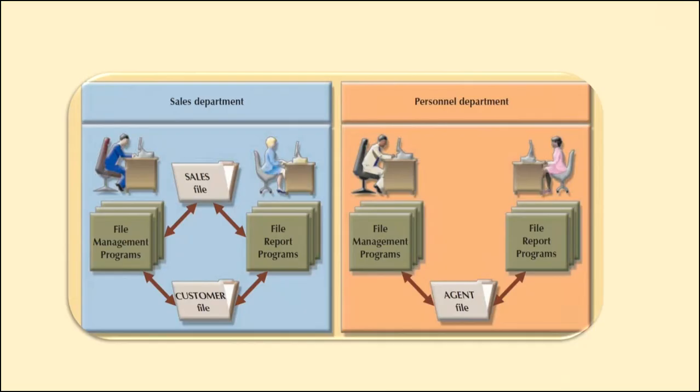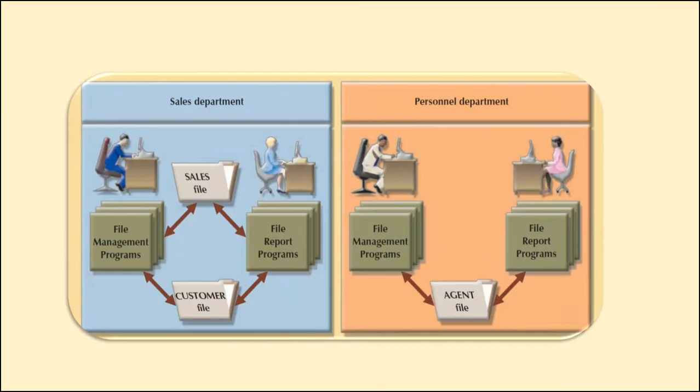What have we seen till now? Can you tell me what are the different drawbacks that we have seen? Program and data dependence. When the structure of the file changes, you need to change the logic of the program. Duplication of the data. Since there is no relationship between one file and another file, the same data is required at different places most of the time, so you have no other option but maintaining the same data in multiple files.